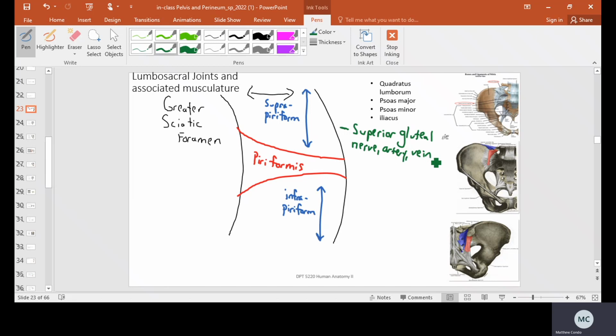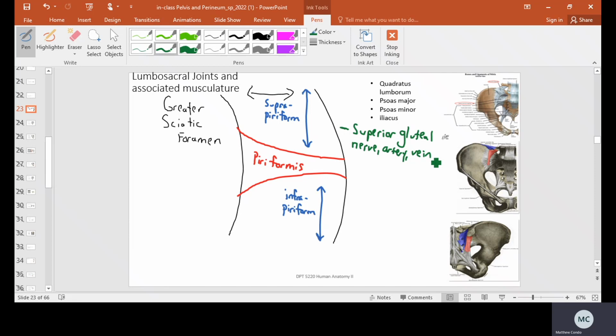And it's going to come out in a nice big neurovascular bundle. Okay, so we've already encountered those at different spots around the human body where we see the nerve, the artery, and the vein all running together. Superior gluteal artery, nerve, and vein are named based on their position in relation to the piriformis.